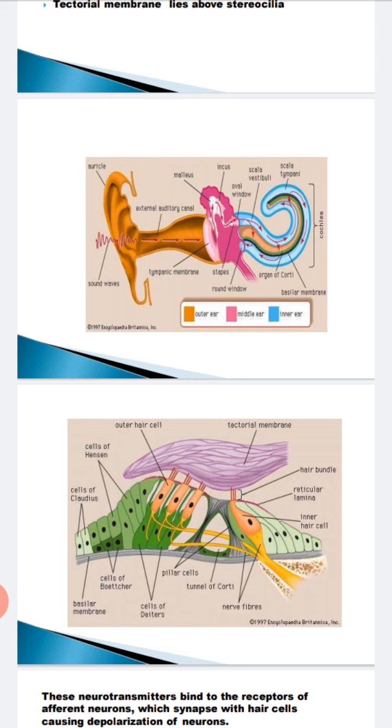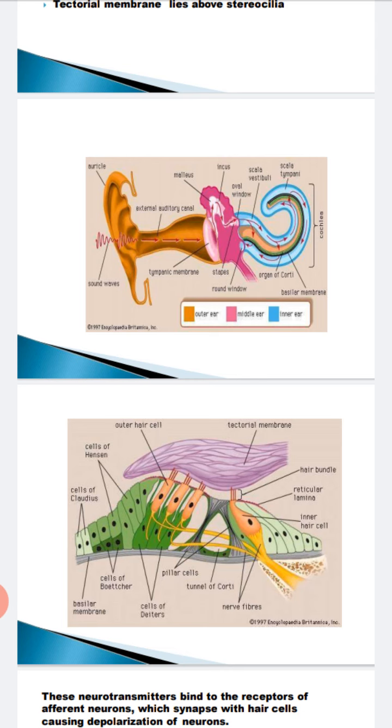This neurotransmitter binds to the receptors of the afferent neuron which are situated below the hair cell. So a synapse will occur, causing depolarization of the neurons, and a nerve impulse will be generated.